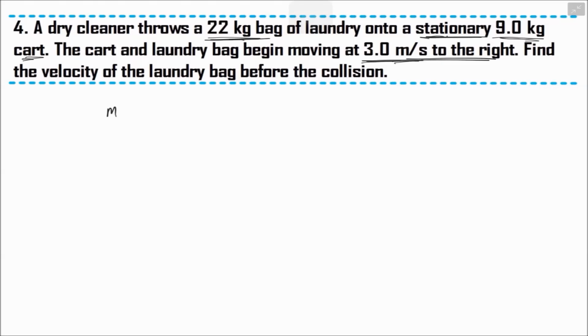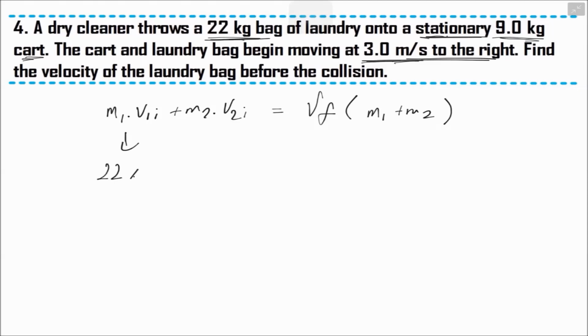So the formula is m1 times v1 initial plus m2 times v2 initial, that's equal to v final times m1 plus m2. So m1 is the 22 kilogram mass of the laundry bag, and the question asks for its initial velocity, v1 initial, plus m2 is the 9 kilogram, but it says it is stationary, so its velocity is 0.